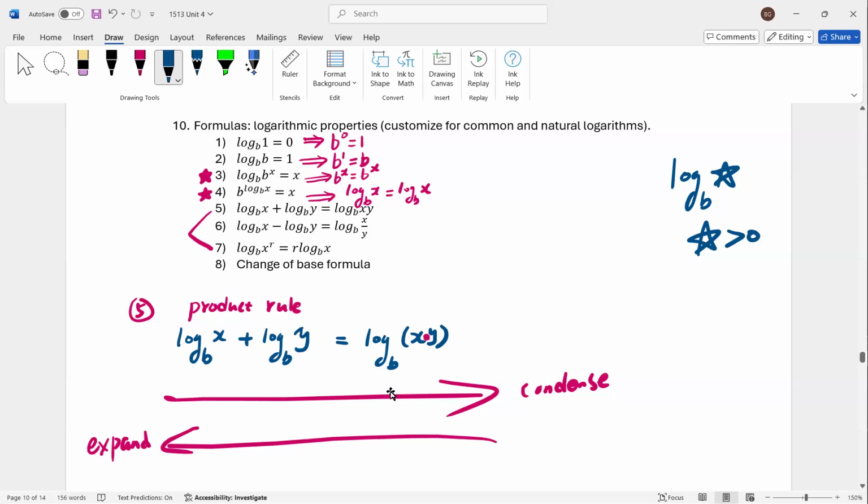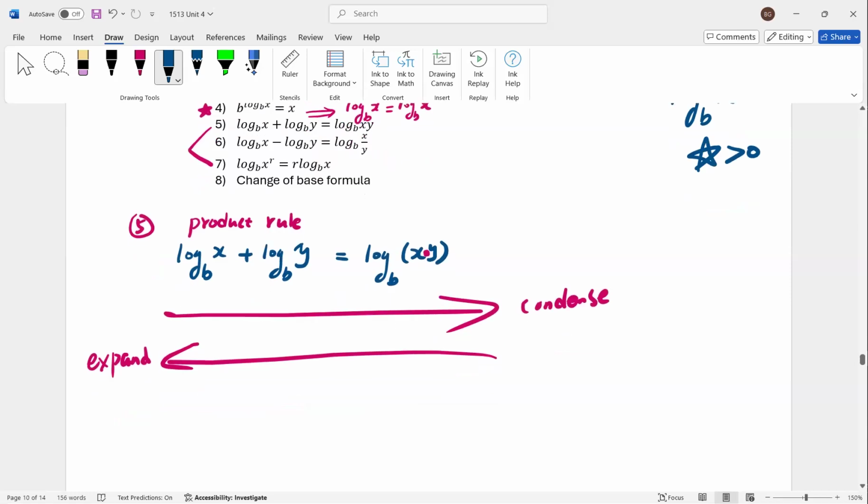All right. So if we have one log with base b and the argument has the structure of a product, then we are able to rewrite that log as the addition of two logs. The first factor x in the product is going to be the argument of the first logarithmic function, and the second factor y in the product is going to be the argument of the second log function.